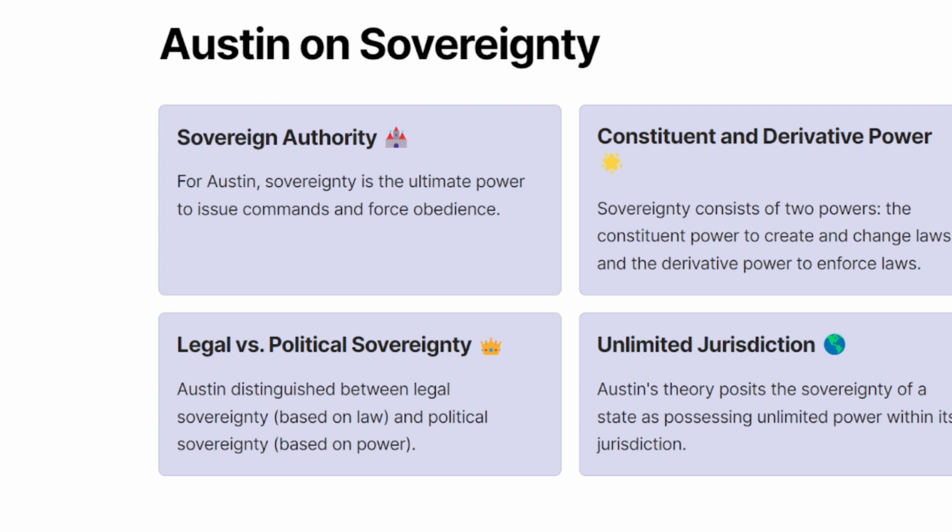He distinguished between legal and political sovereignty, and then he described unlimited jurisdiction, which means that Austin's theory posits that the sovereign of a state possesses unlimited power within its jurisdiction. What does it mean? For example, a ruler has ultimate authority, he is imposing laws and making sure that law and order are followed in his country.